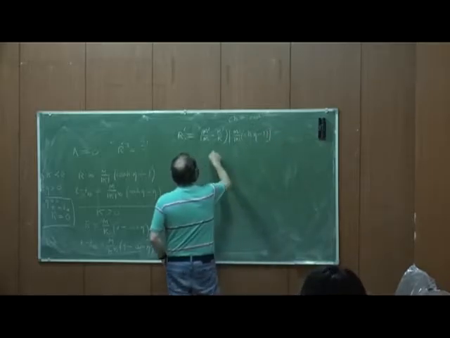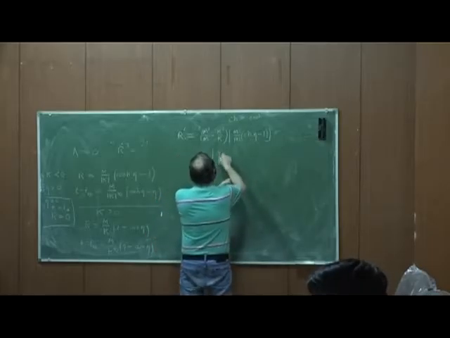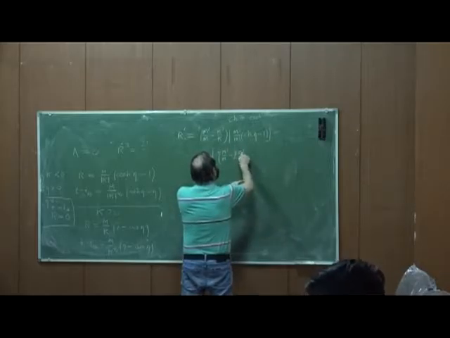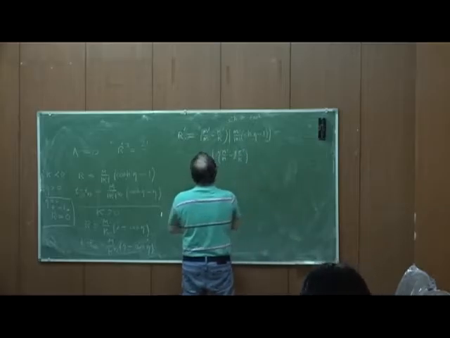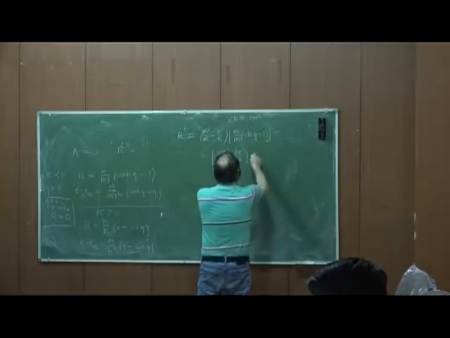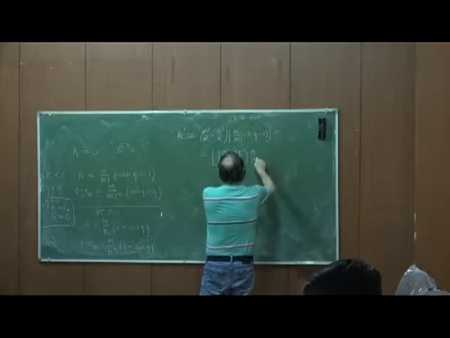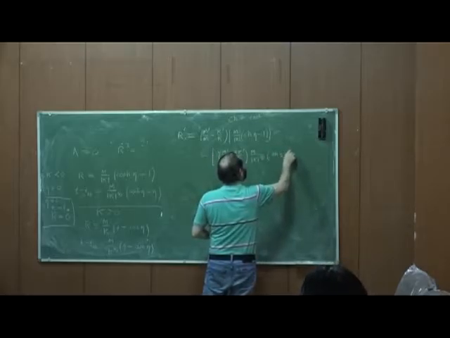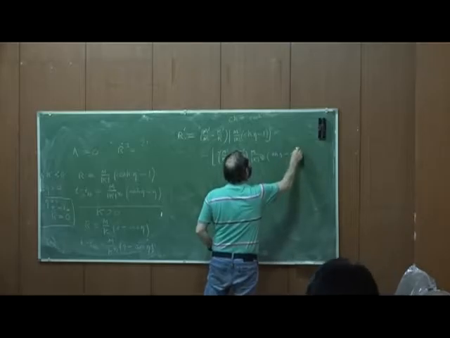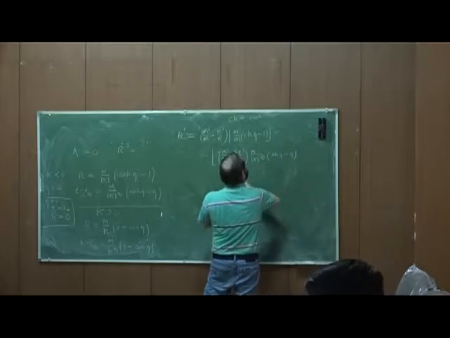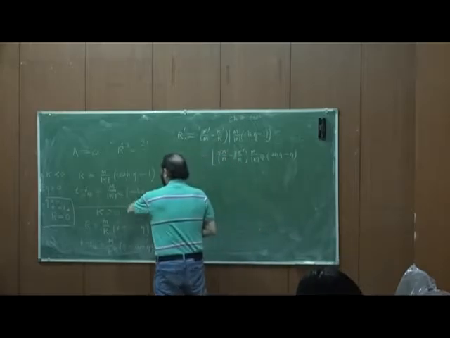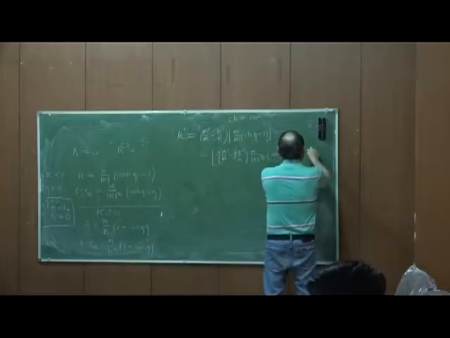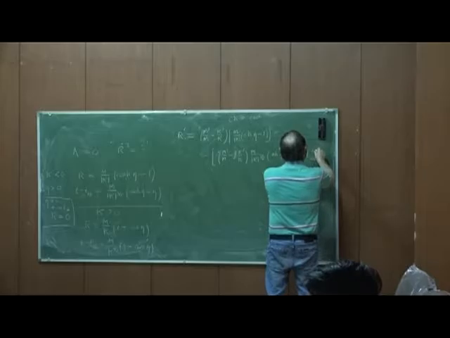Minus M prime by M minus 3 by 2 K prime by K, multiplying T minus TBB, then minus T prime B, minus TB prime minus TBB prime. And then it closes here.